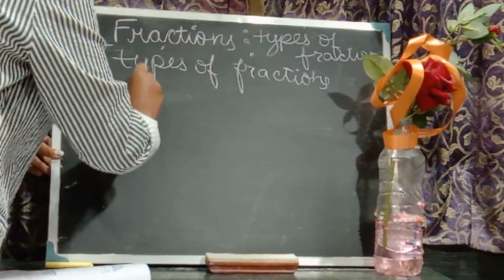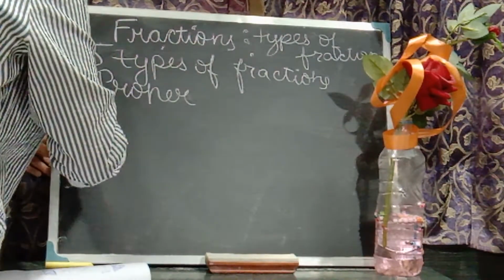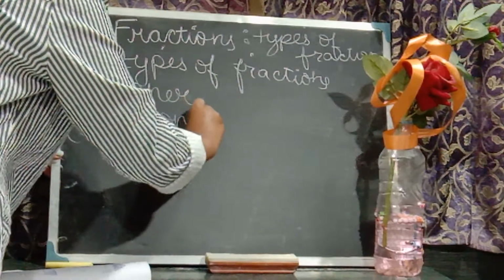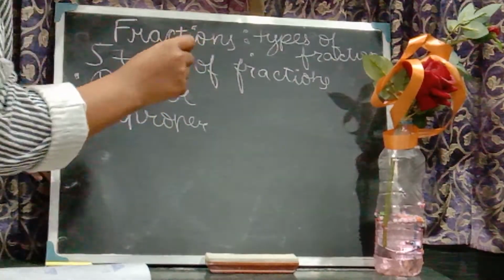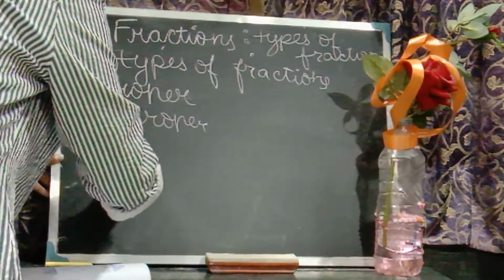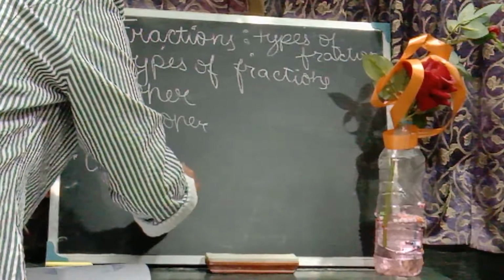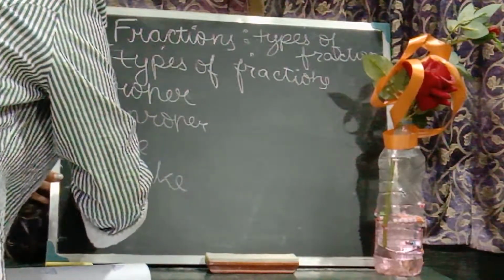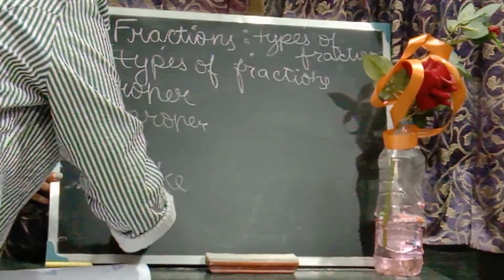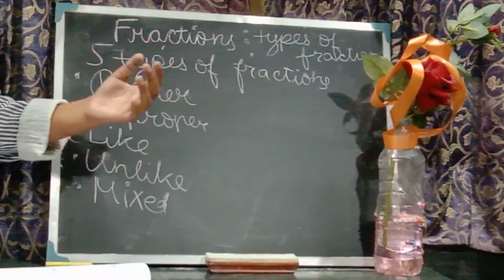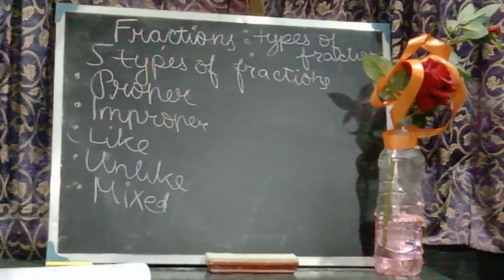One is proper fraction, other is improper fraction, and then like fraction, then unlike fraction, and then mixed fraction. And in the part 2 video, I will also explain equivalent fractions.